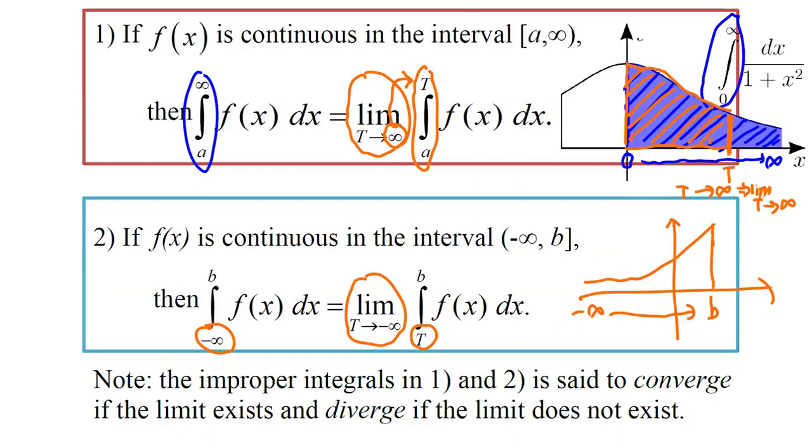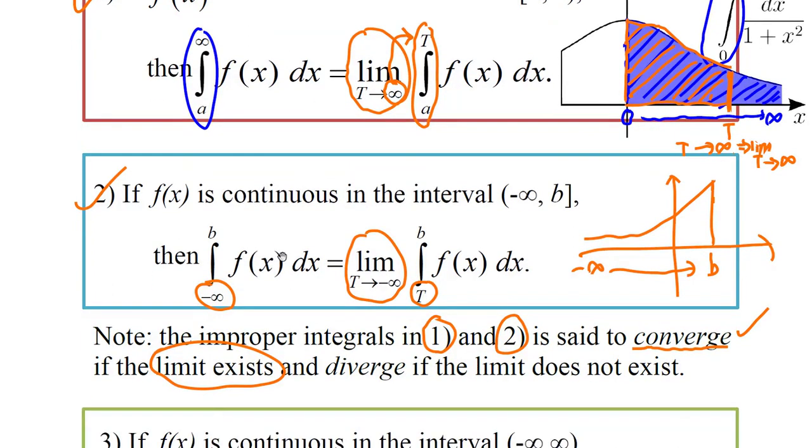Now after you find the limit for 1 and 2, if the limit exists as a finite value, this limit is said to converge. What is the meaning of that? Let's say you integrate f(x) dx and you get a real number.